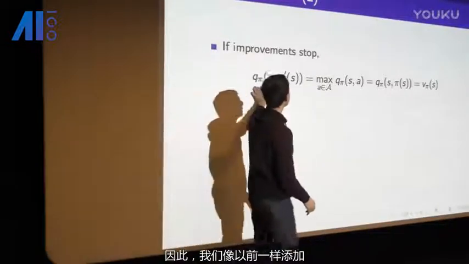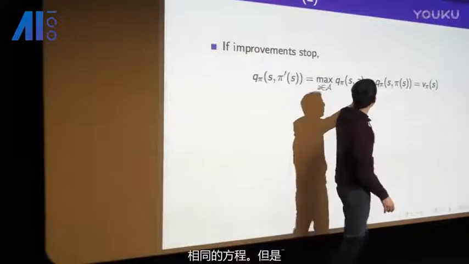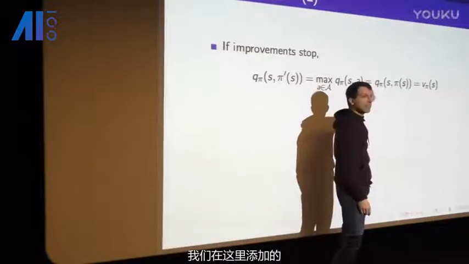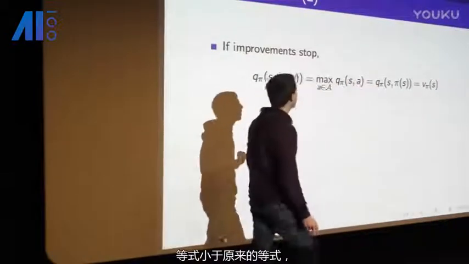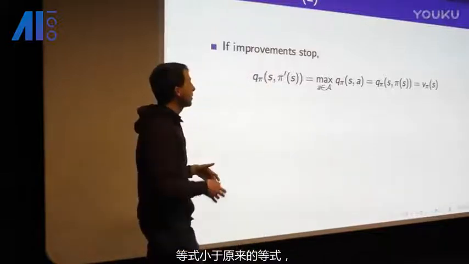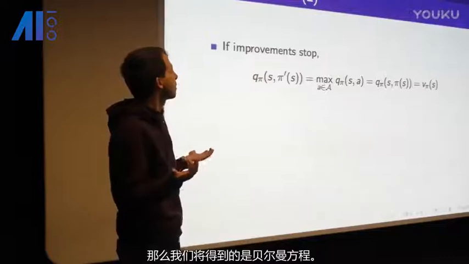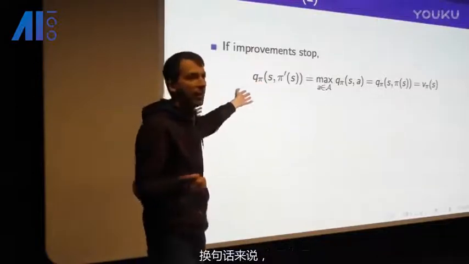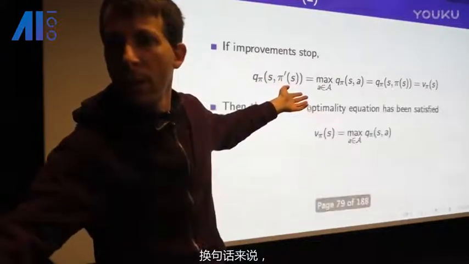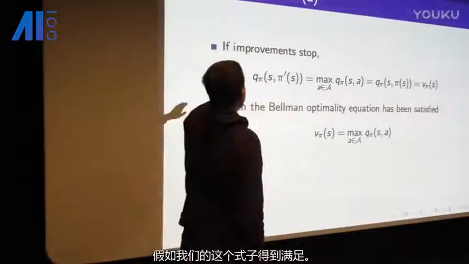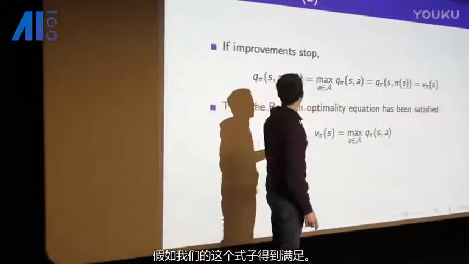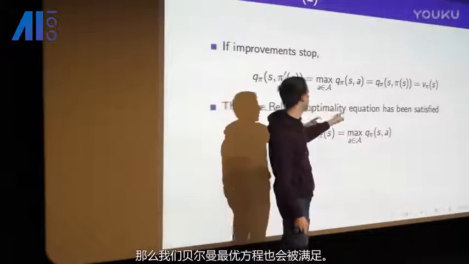So we're just going to plug in the same equation we had before, but now we're going to plug in equality instead of this less than or equals. And we want to know, what do we know about this? The good news is that if improvement stopped, then we've just written out the Bellman equation. In other words, if this thing is satisfied, then we have satisfied the Bellman optimality equation.